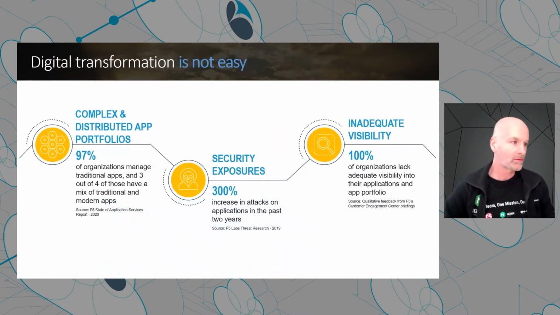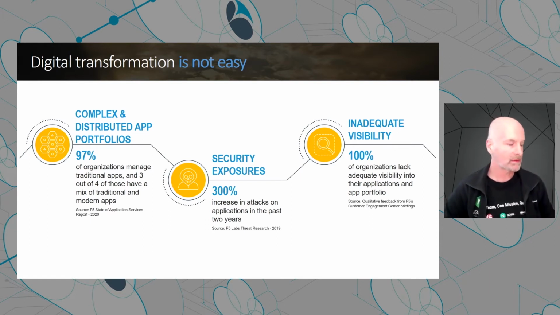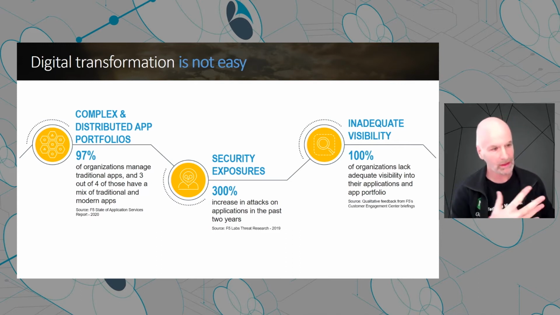And what we really think about this is that all of these changes are giving rise to what we're calling digital transformation. And it's not easy, right? If we look at the changes that have happened as a result of all the things I discussed on the previous slide, what you end up with is a really complex and distributed set of applications.